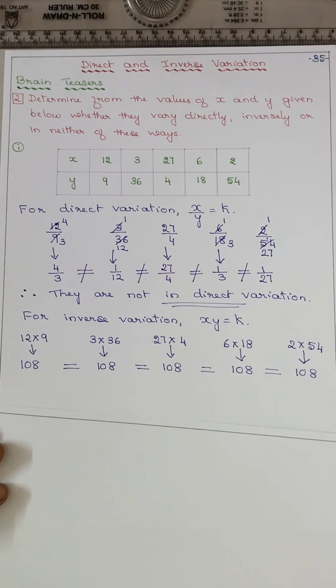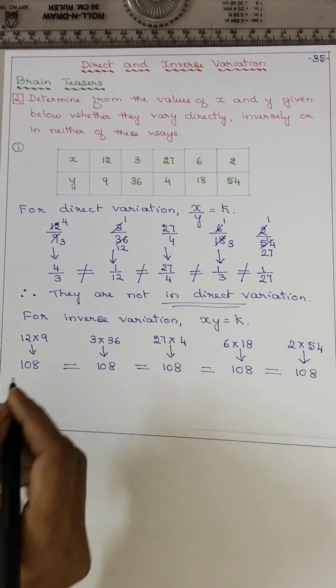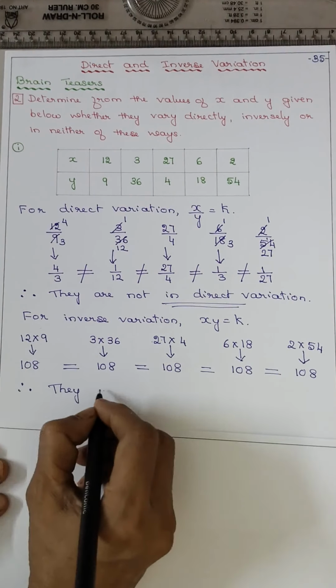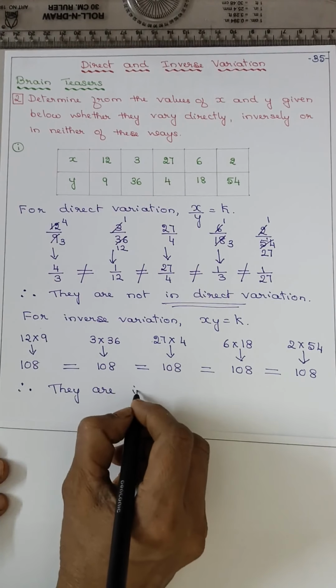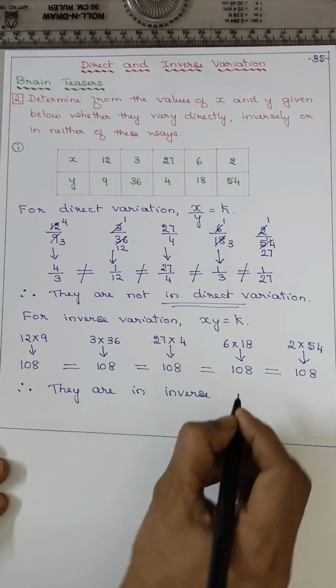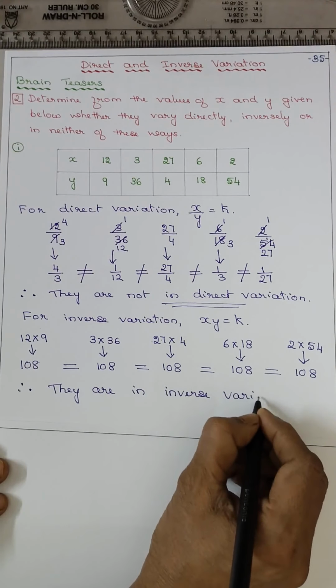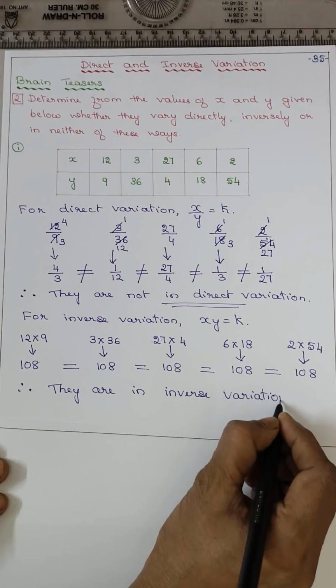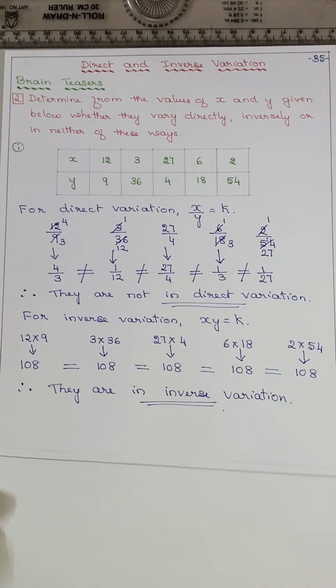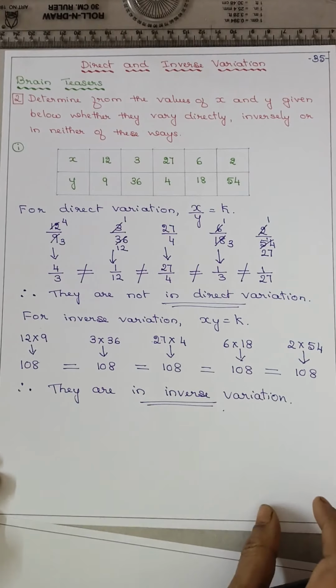That means they are equal, isn't it? So, therefore, they are in inverse variation. So, the first table they have given is in inverse variation. Hope you understood. Now coming to the second.